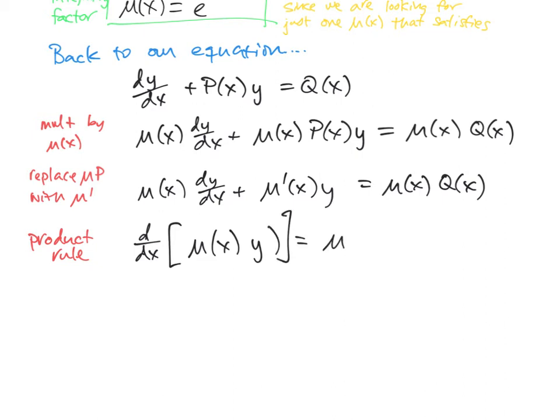let's see, on the right-hand side, we've got mu of x q of x. And then I can just solve this straight out.